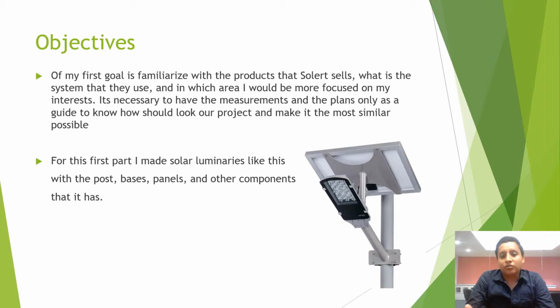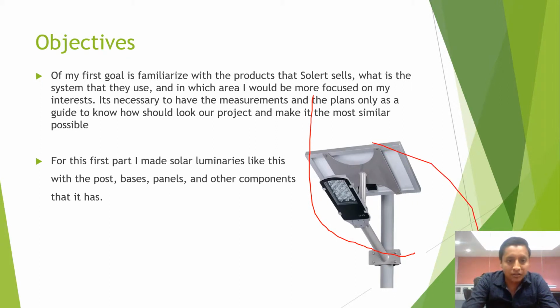It is necessary to have the measures and the diagrams and a photograph for the light, and we should make it as similar as possible. For this part, I made a solar light like this, with the poles, bases, panels, and other components that it has.